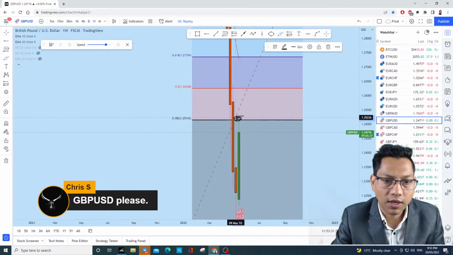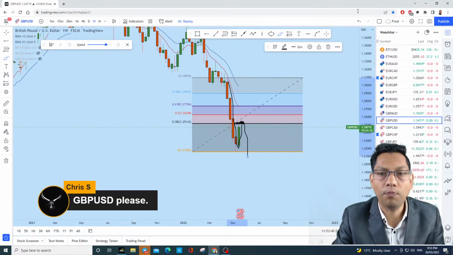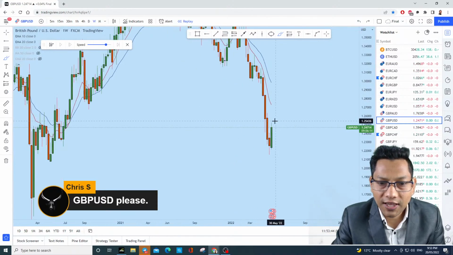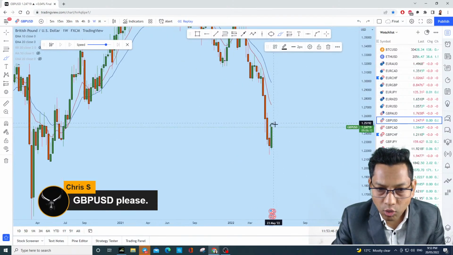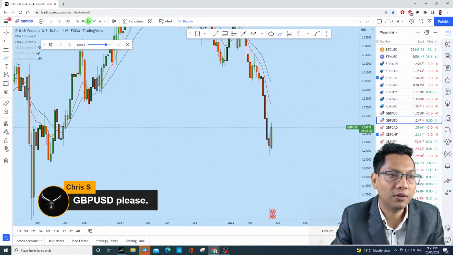So that means when the price came to this move, it went up to this Fibonacci level, and we can expect a drop. This is what I expected, not guaranteed. So on the weekly, even if this candle closes here, we can expect slowly another push down because it's a long-term bearish market. Go to the daily.